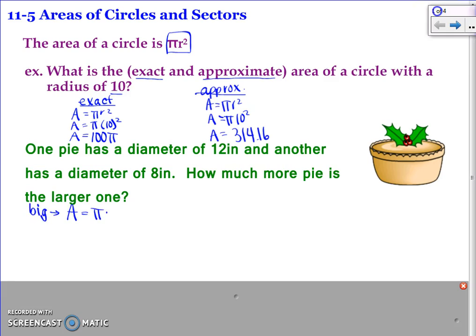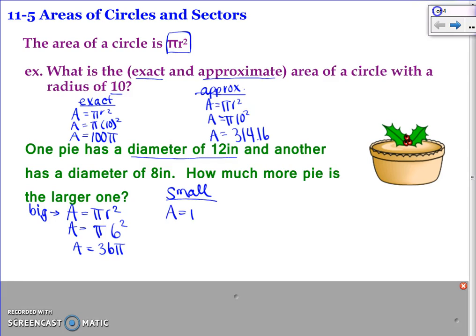Okay, so we got A equals pi r squared. The bigger one had a radius of, is it 6 or 12? It's 6 because the diameter was 12. Okay, so this one will be 36 pi. And then the smaller one, nope, I have to use the radius.